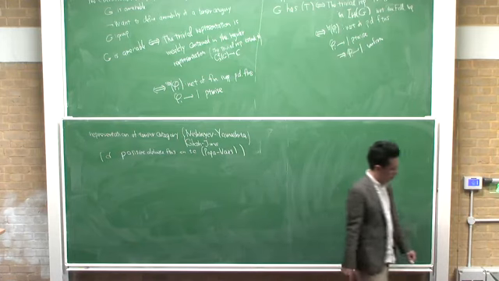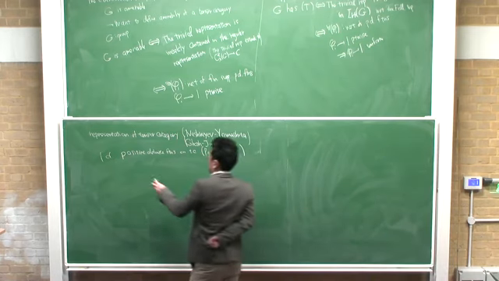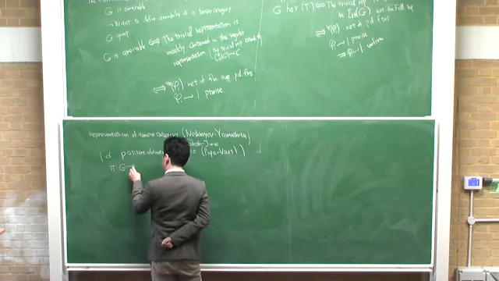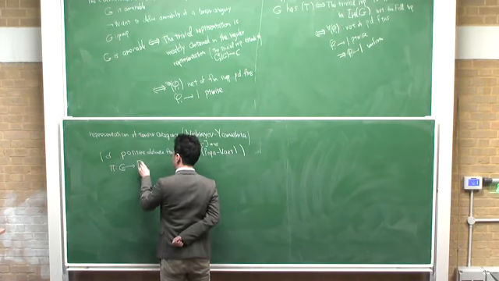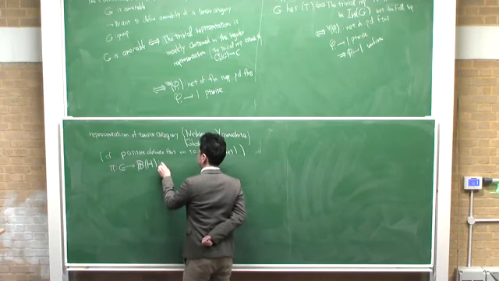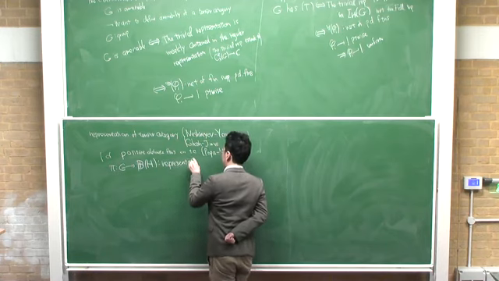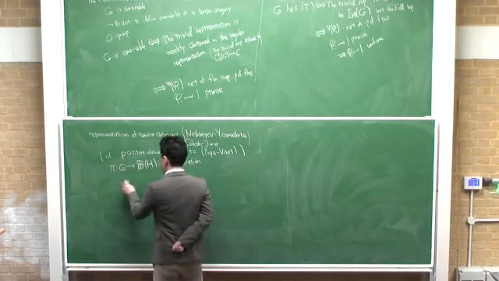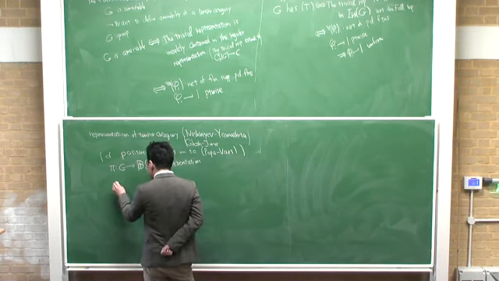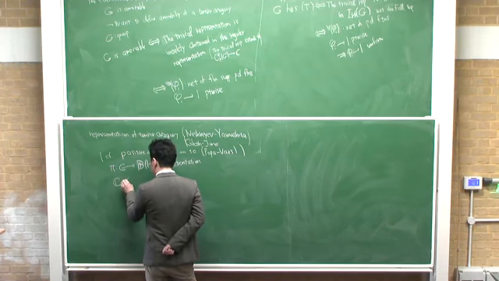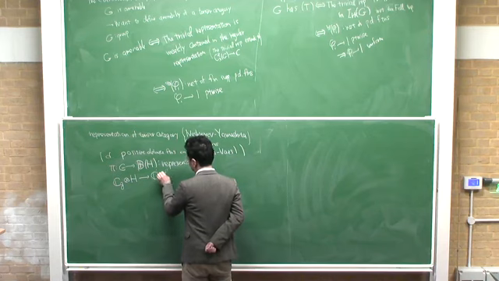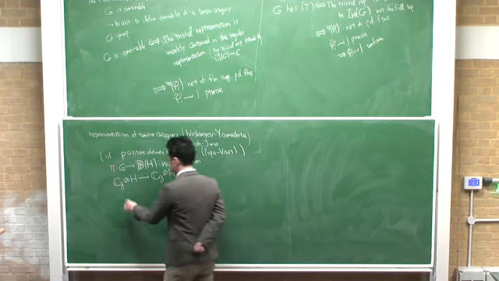And how can we do this? When you start with a unitary representation, of course, this induces a map naturally from here to here.